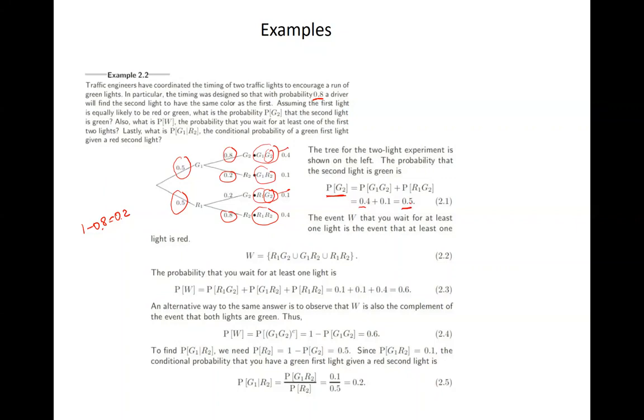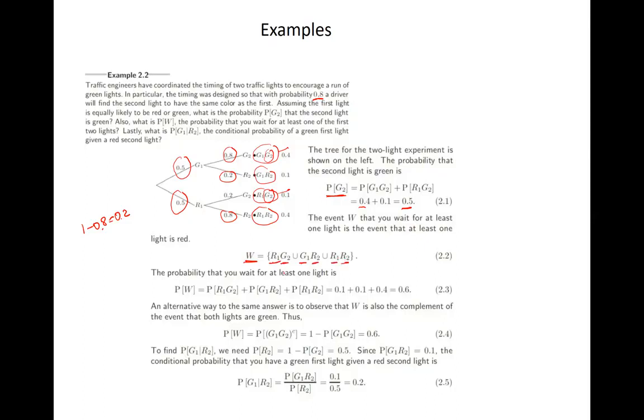So what's the probability that you wait at least one of the lights? We have to take into account the outcomes where we have at least one red. Okay, we see that this could be red 1, green 2, green 1, red 2, and red 1, red 2.